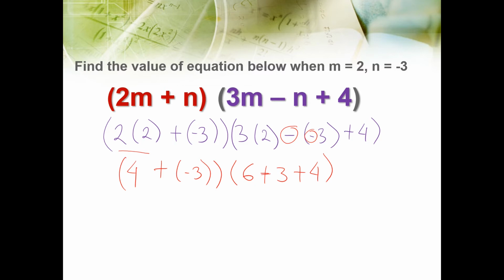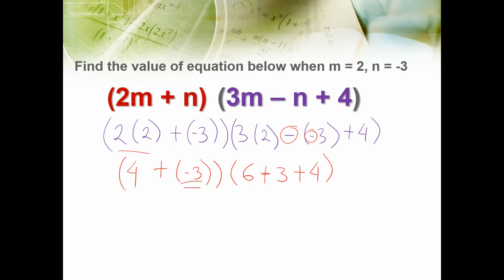Okay, so let's continue the rest. 4 plus minus 3. You have 4, but you need to pay someone 3. So what is the rest? You have 4, for example, 4 candies, but you want to share 3 candies with others.